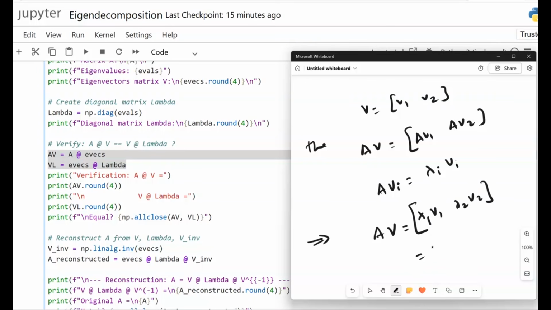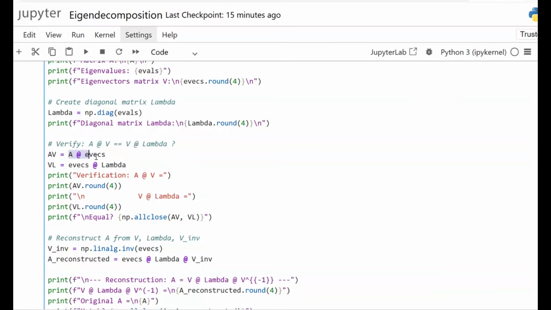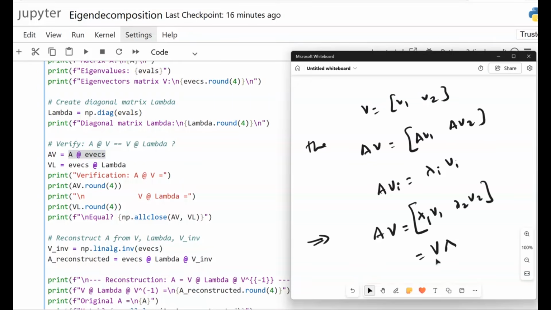Actually, this is V multiplied by lambda. On the left hand side, we apply the transformation to each eigenvector, and on the right side, it just scales each eigenvector. So this produces the same result, confirming that A V equals V lambda.